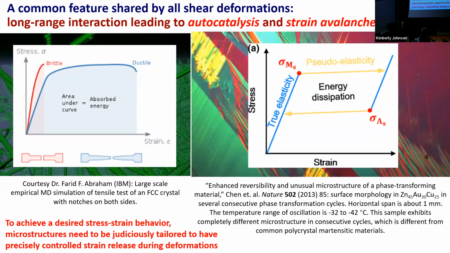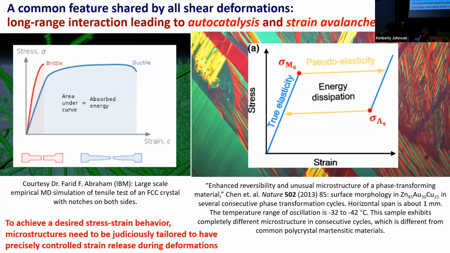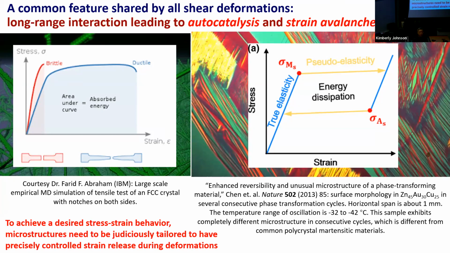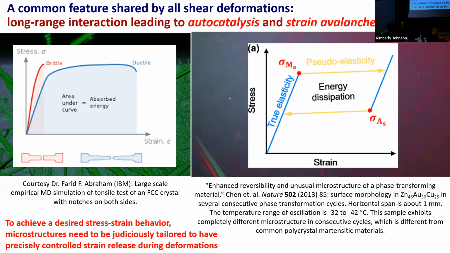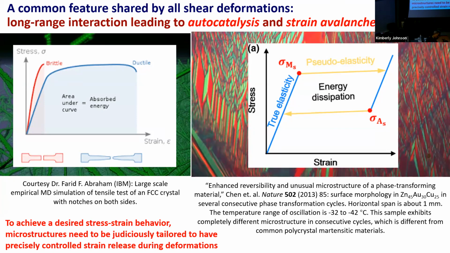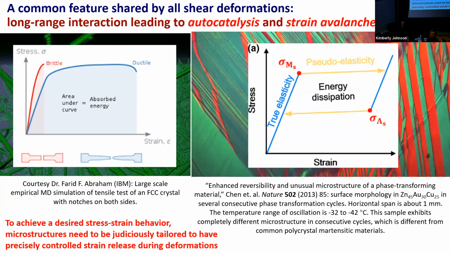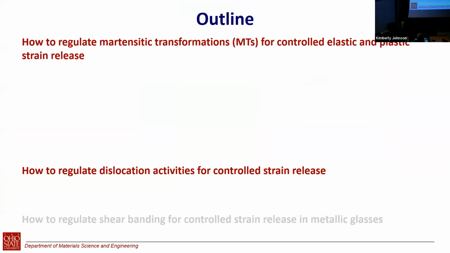So I can give you some motivations, the need for a different stress strain behavior, and how we are going to tailor the microstructure of the material and try to control the strain release. If I want the strain to release, let it release a little bit. And if I don't, then I stop. So that's basically the idea behind this talk.